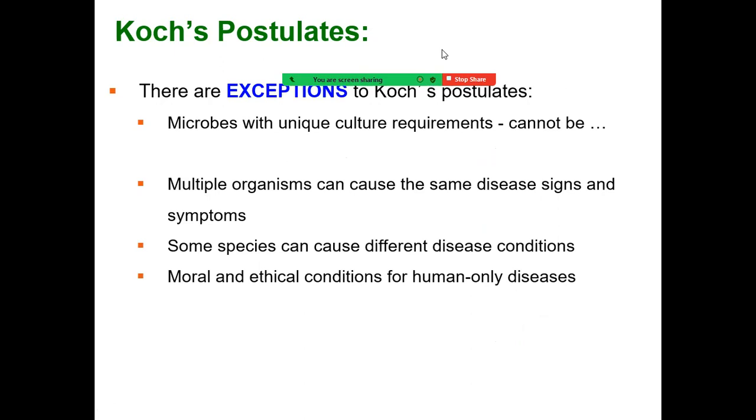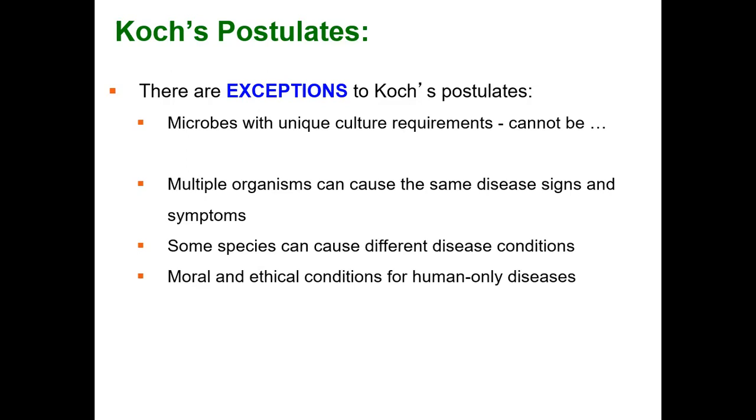There are exceptions to Koch's postulates. Like, what do you do with a microbe which has unique culture requirements and cannot be cultured in vitro? For over 100 years, it's probably been over 120 years now, people have been trying to grow syphilis in tissue culture.